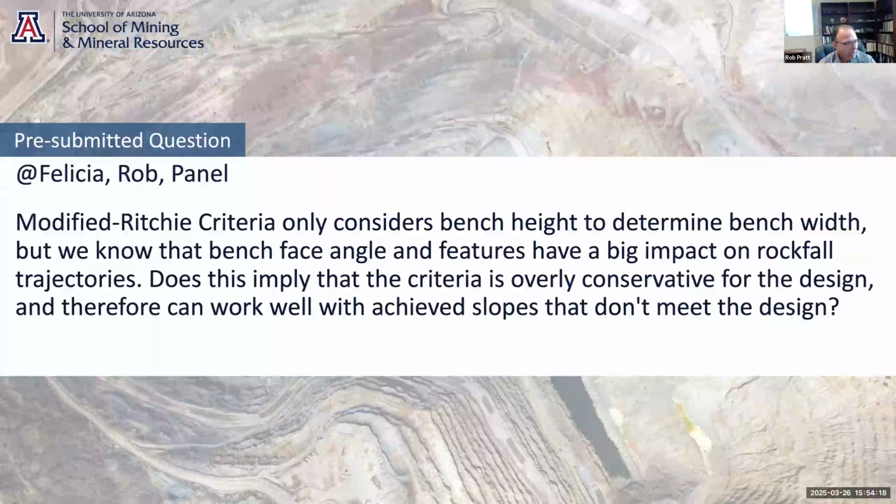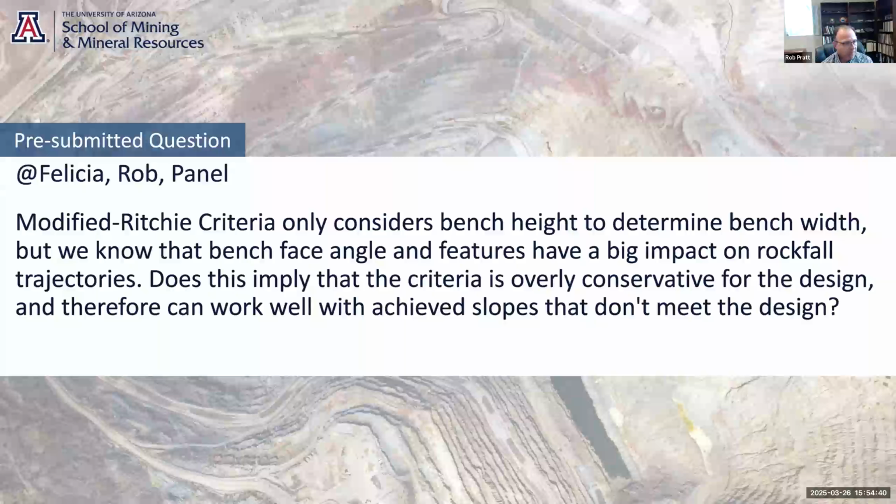So the key part when using the modified Ritchie criteria, or any criteria for that matter, is how you use it. The way we like to use it is to set a target reliability of achieving that width.